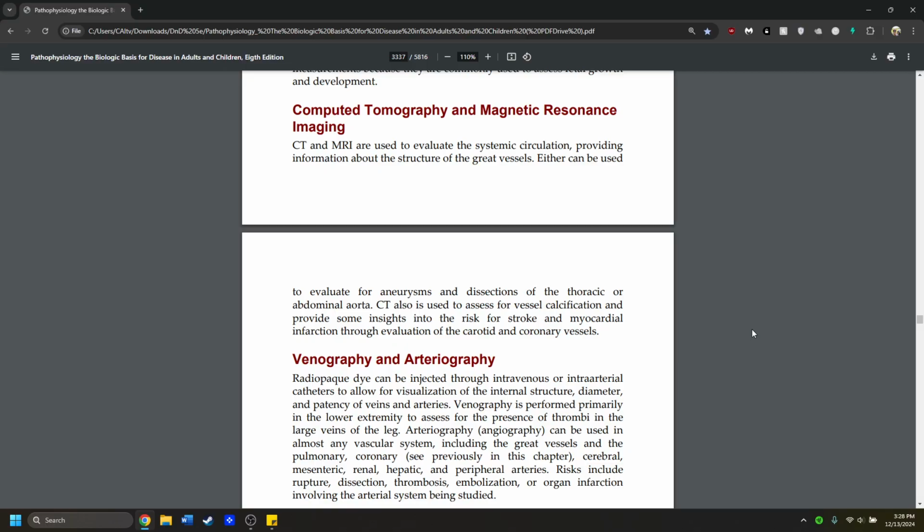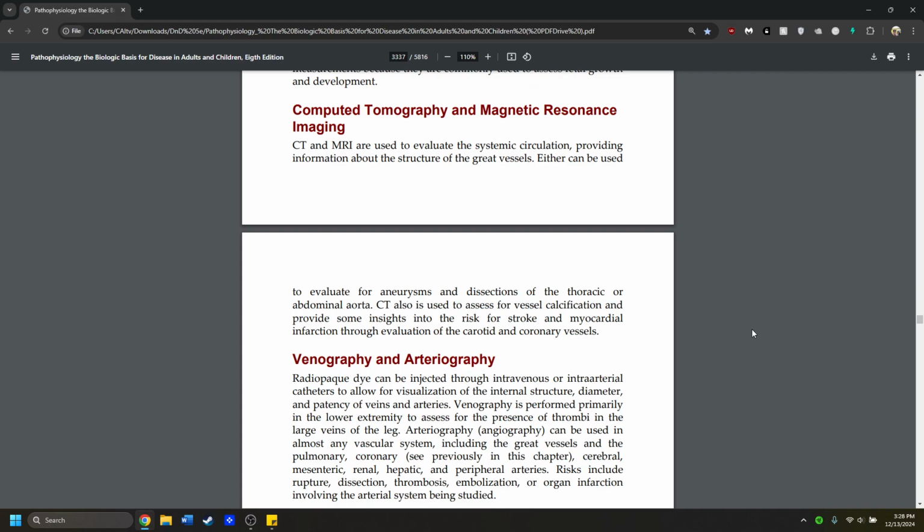CT and MRI are used to evaluate the systemic circulation, providing information about the structure of the great vessels. Either can be used to evaluate for aneurysms and dissections of the thoracic or abdominal aorta.